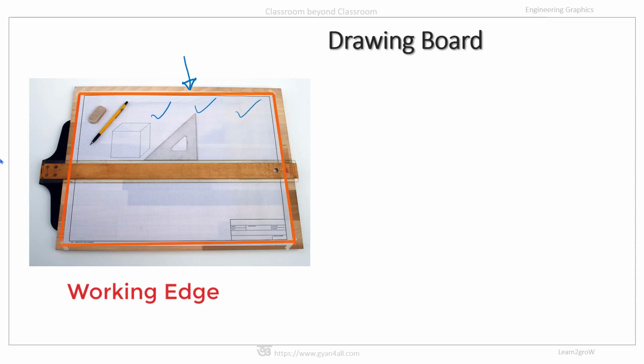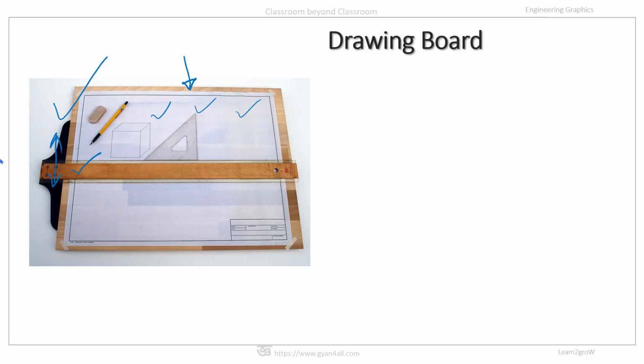The working edge of the drawing board is generally kept at the left side, where the T-square can slide. So this T-square slides this way on the working edge of the drawing board.